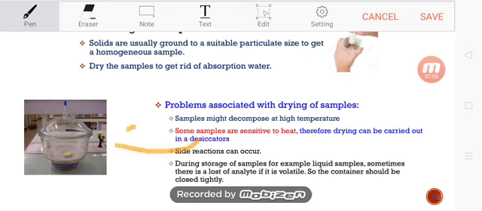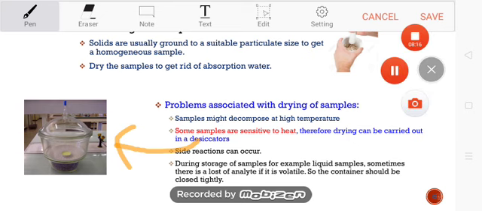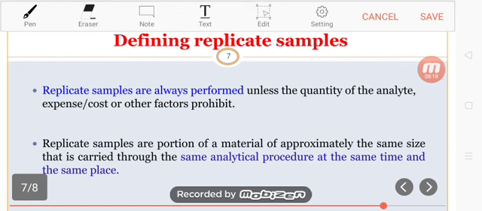We have a lot of desiccators in our lab. Okay, then a side reaction can occur during storage of the sample. For example, with liquid samples, sometimes there is a loss of analyte due to its volatility, so the container should be closed tightly.